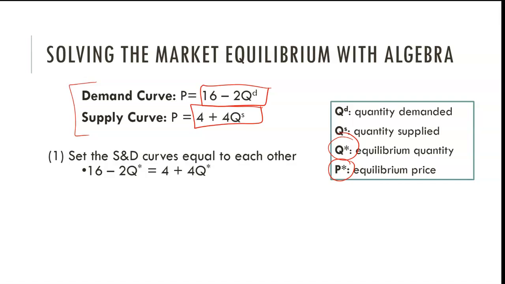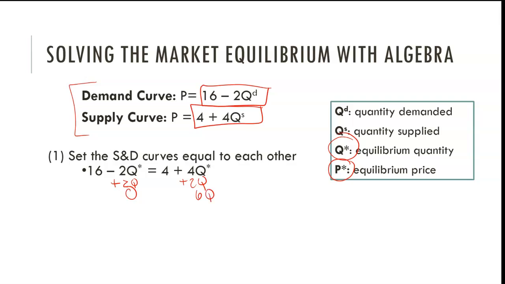So we need to move all of the Q's, the variables, to one side and all of the numbers to the other side. So we're going to add 2Q to both sides, which basically on the left-hand side makes our quantity 0, and on the right-hand side it makes it 6Q.